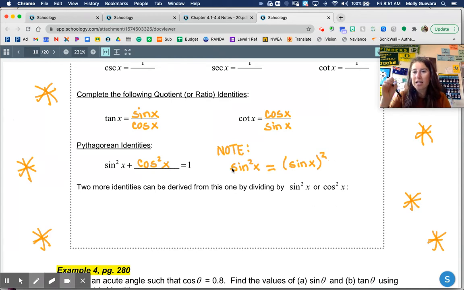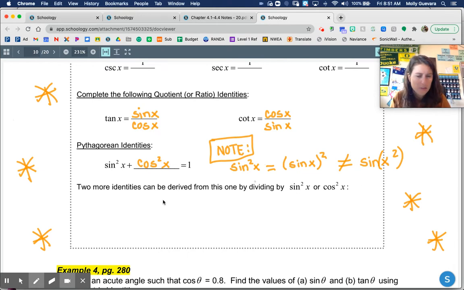Okay, so if I have sine of x squared, it's the same thing as sine squared of x. But it is not, here we go, it is not the same thing as sine of x squared. Right? Notice this. If I have this, that means that the x is the only thing being squared. So these two things are the same. This is not the same thing. So just make sure that we keep that in mind. I don't know if we need to box it or star it or highlight it or whatever, but that's very, very important.